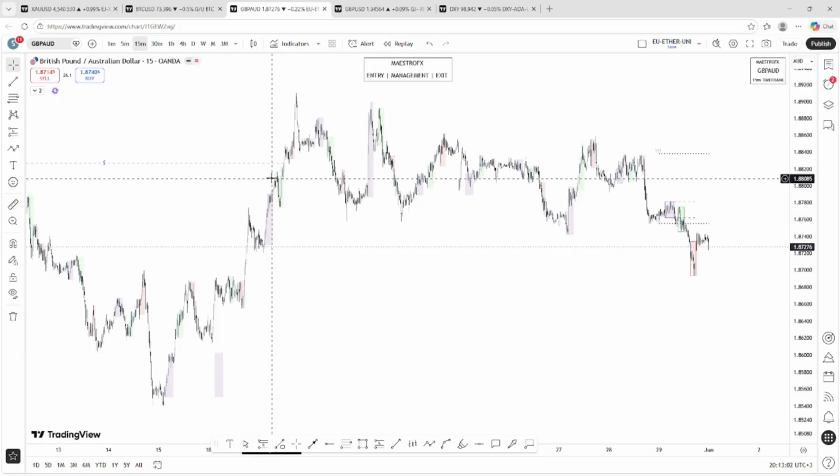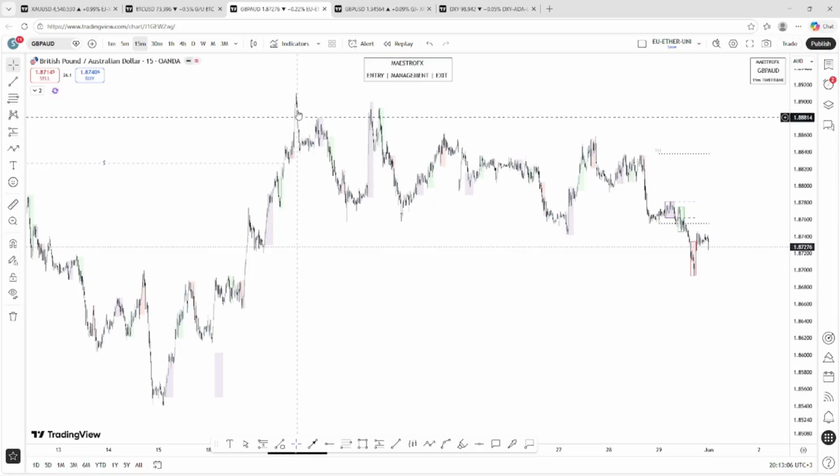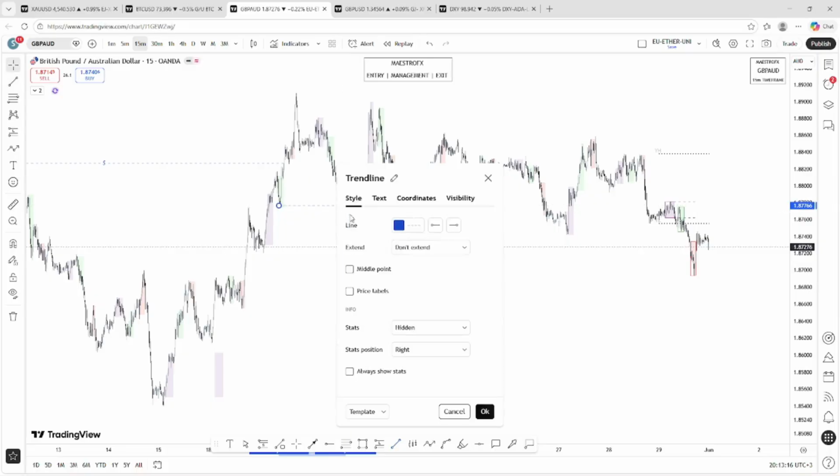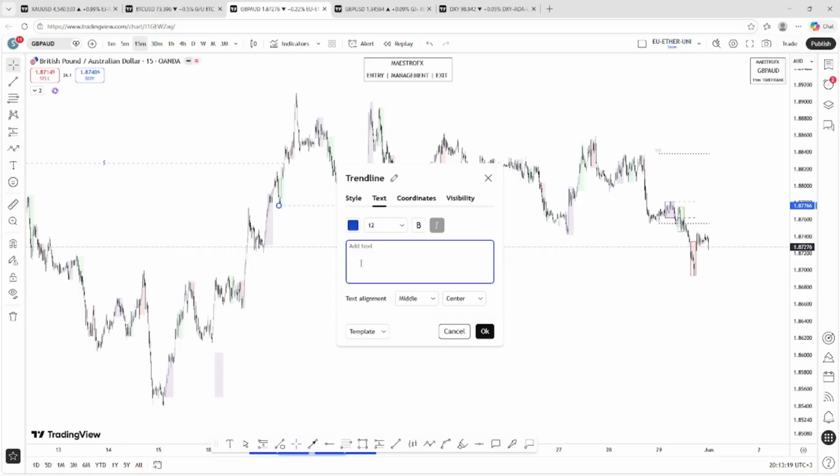You can see that this was the last break of structure to the upside, and we had this change of character.